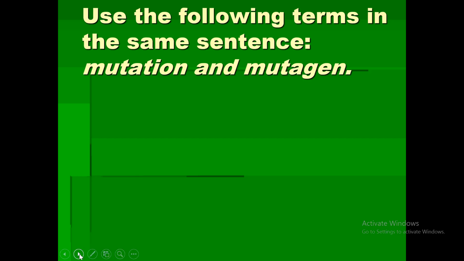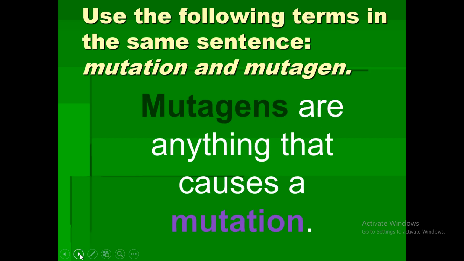Mutation is a change in DNA that could be obtained from mutagens. So mutations are caused by mutagens. Simple sentence. Mutagens are anything that causes a mutation. That's another sentence.